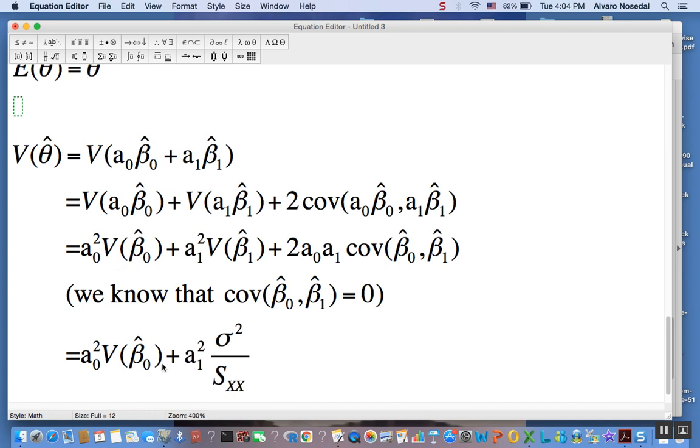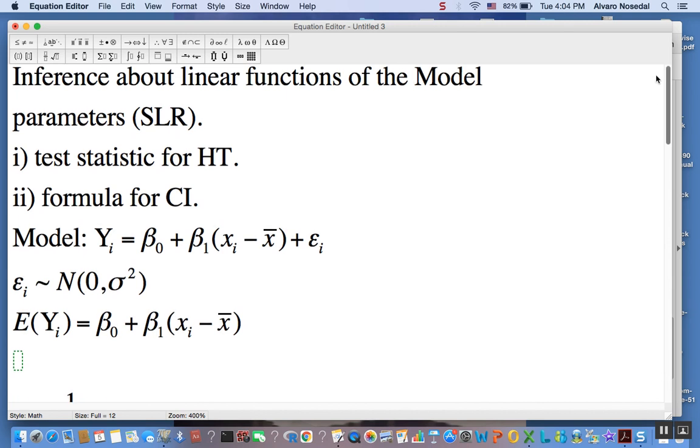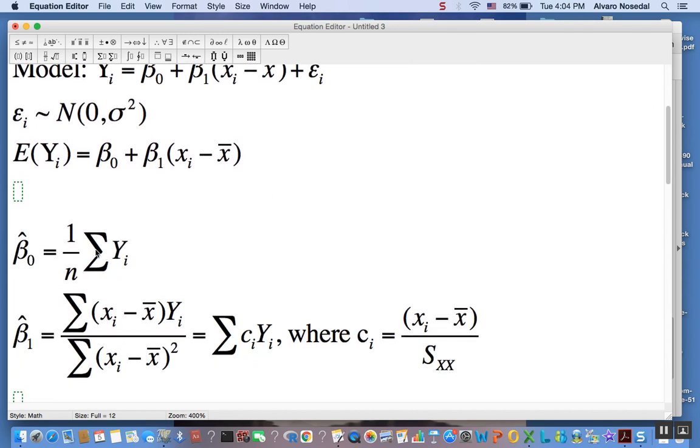And here we want the variance of beta hat 0. That one we can find very quickly, because it's the variance of this guy.